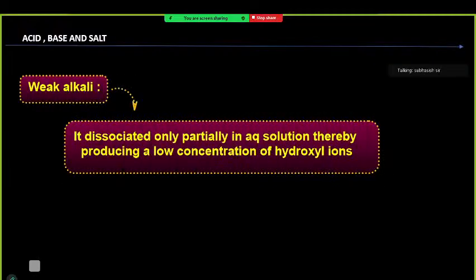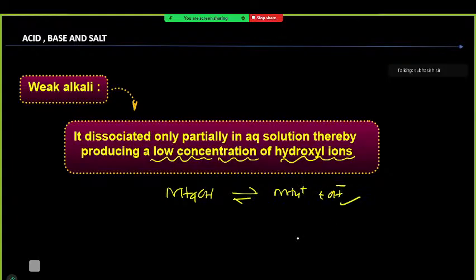Weak alkali, similar to weak acid, partially or incompletely dissociates, producing a low concentration of hydroxyl ion. Like ammonium hydroxide. Ammonium hydroxide is a weak alkali. It dissociates to give a very low concentration of OH minus.